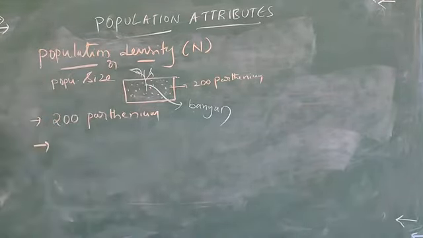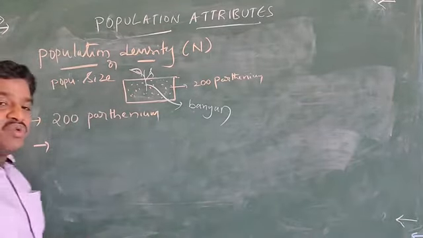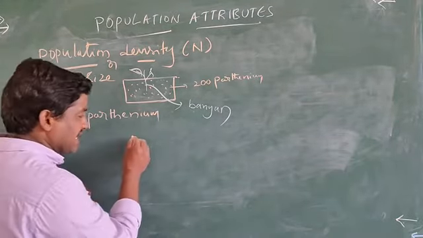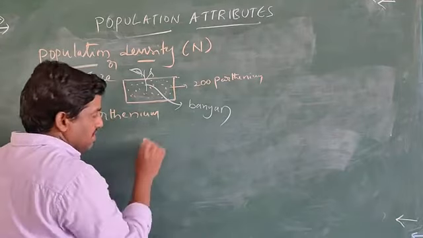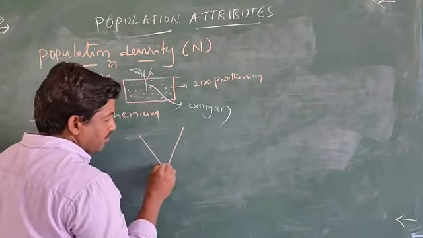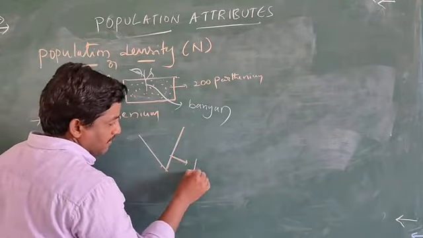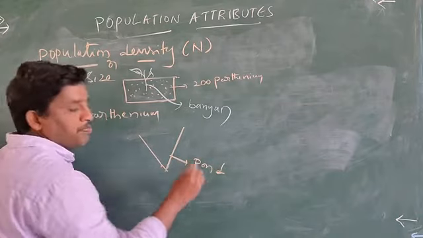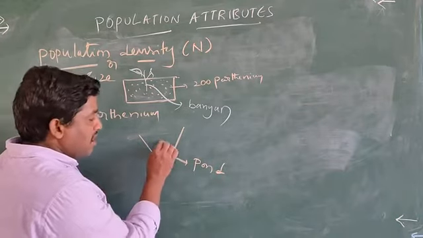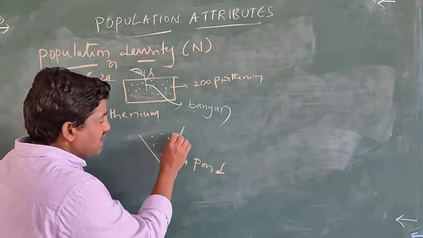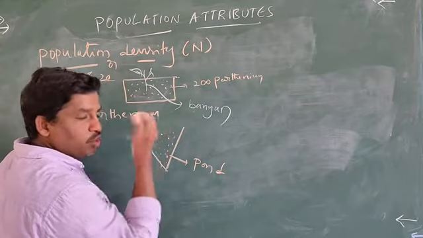So what is meant by relative density? Suppose, for example, this is a pond area. In this pond, a number of fishes are growing.